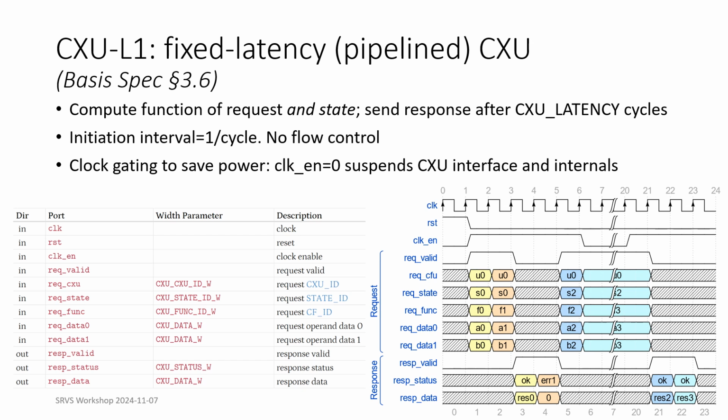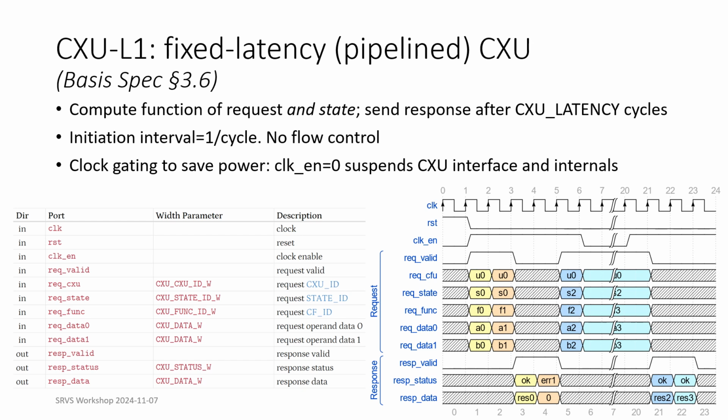The initiation interval is 1 per cycle, so the CXU can process a request every cycle, and there's no flow control. Clocked CXUs do have optional clock gating to save power, so by negating the clock enable input, it will suspend the CXU interface and internals.